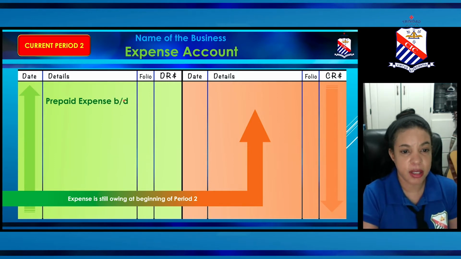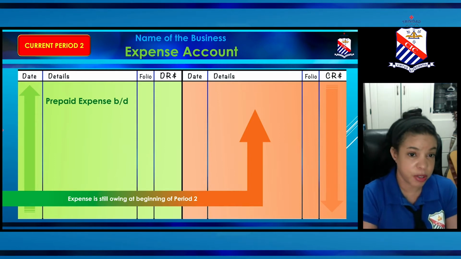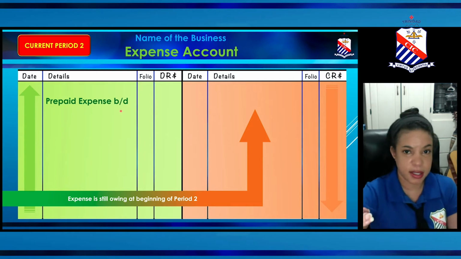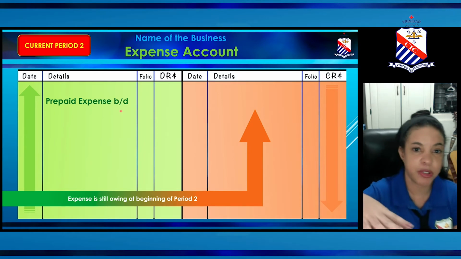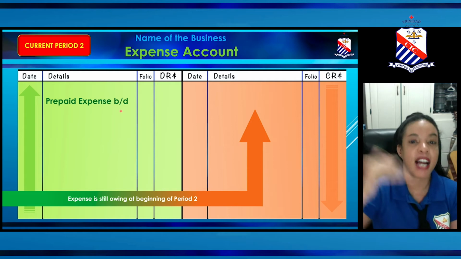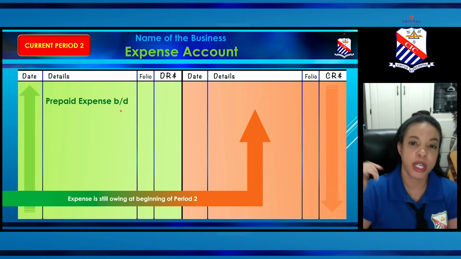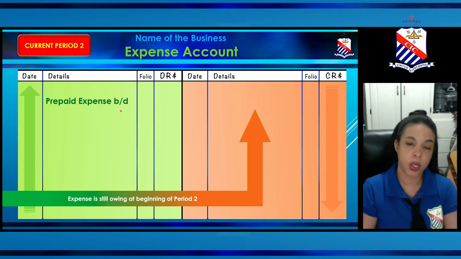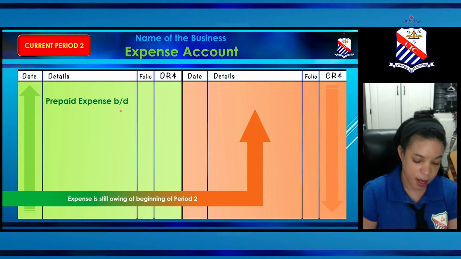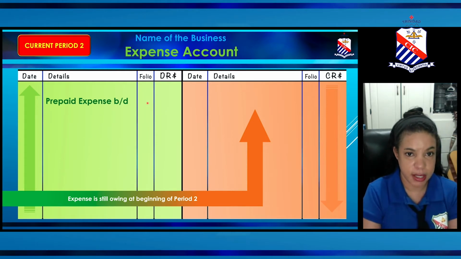You had carried down from the period or carried forward from the previous period, and this is where you would see it is now in this period. At the beginning of the period, it has to be brought into this period because it's actually going to be incurred in this particular period. So it belongs here. We have to put it here. And this is what this signifies here.